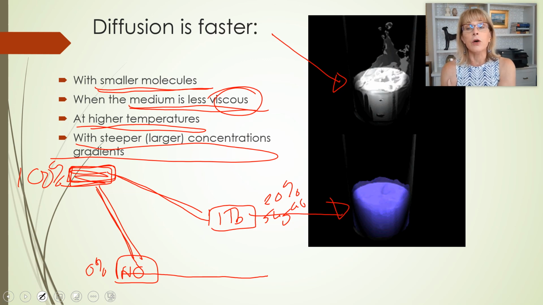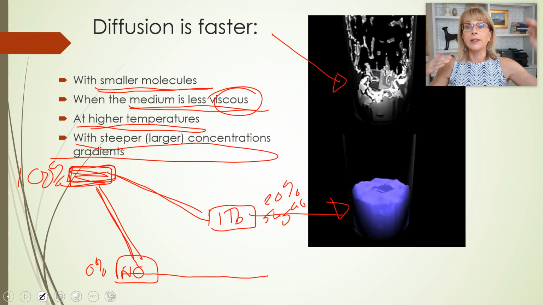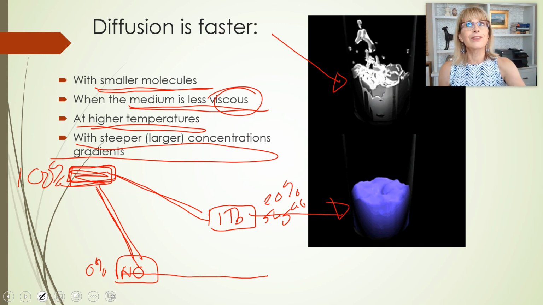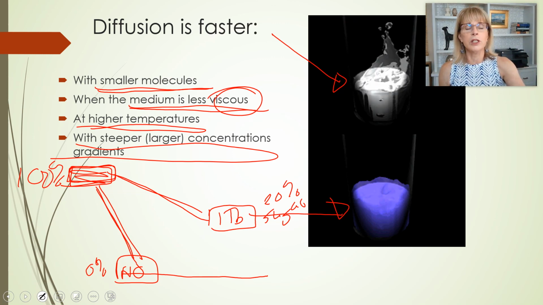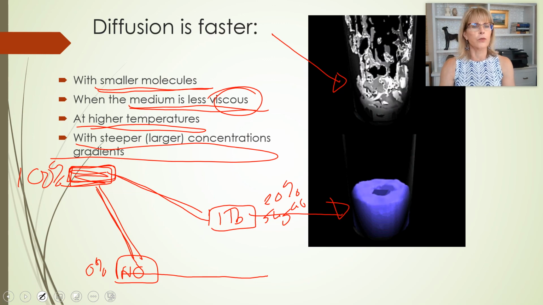You probably didn't know that the reason is that the concentration gradient between a tablespoon of sugar and 0% sugar is a steeper gradient than the concentration gradient between a tablespoon of pure sugar into a glass of tea that's 20% sugar. But make sure you know these 4 things.